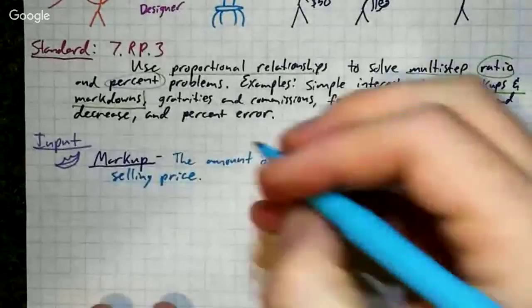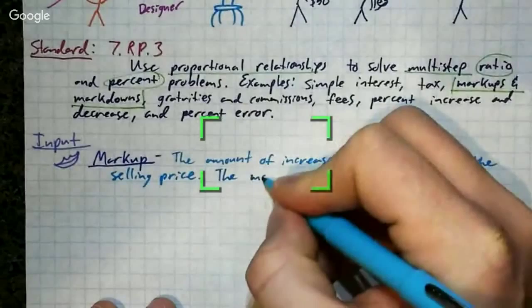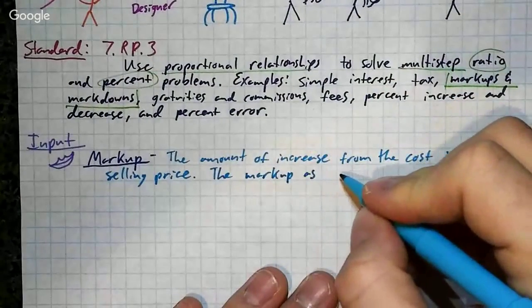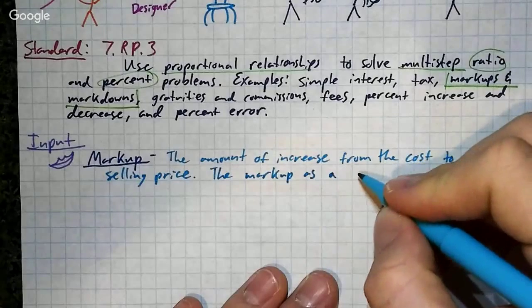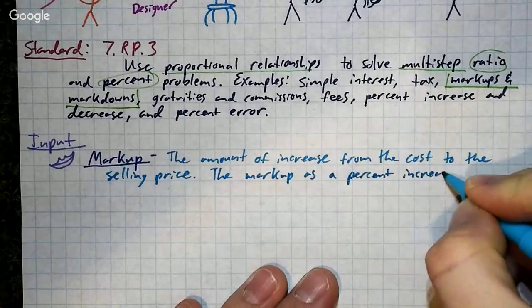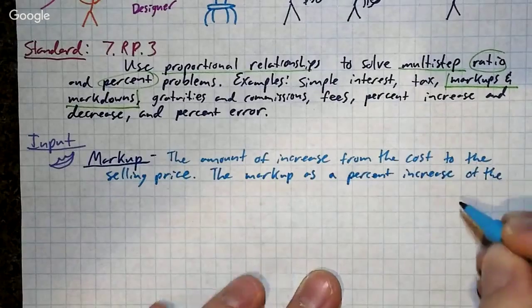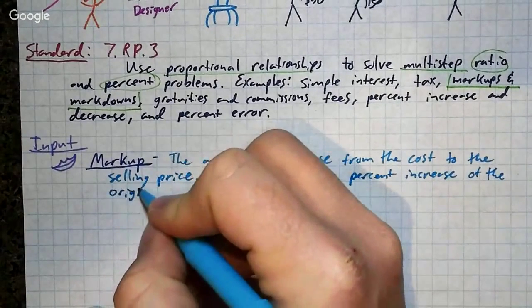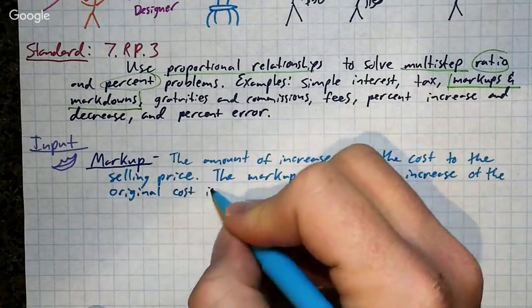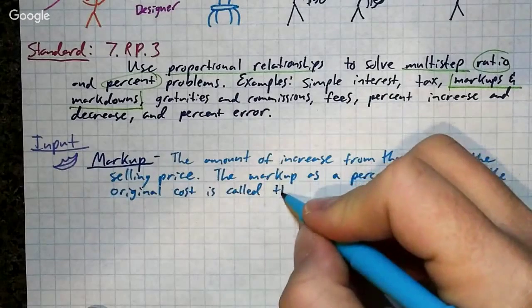But that's not all, because you can also talk about this as a percent. The markup as a percent increase of the original cost is called the percent markup.